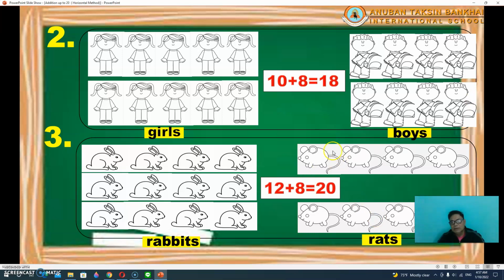How many rats are there? 1, 2, 3, 4, 5, 6, 7, 8. So 12 plus 8 equals 20. Very good. So the answer is 20.